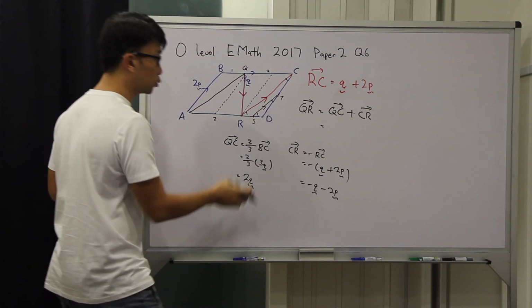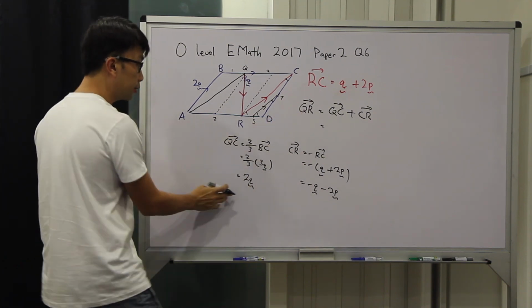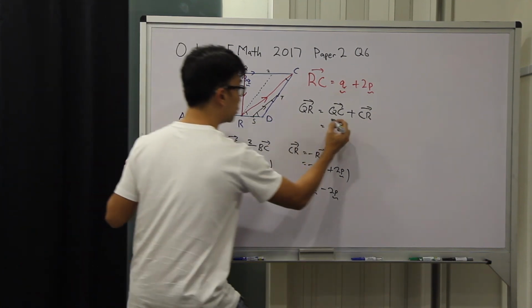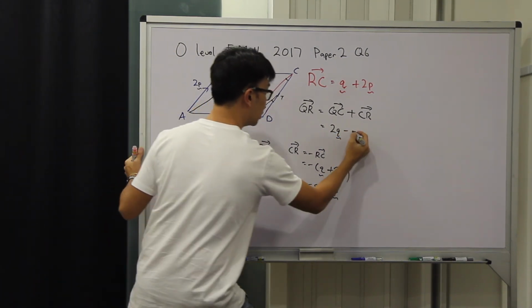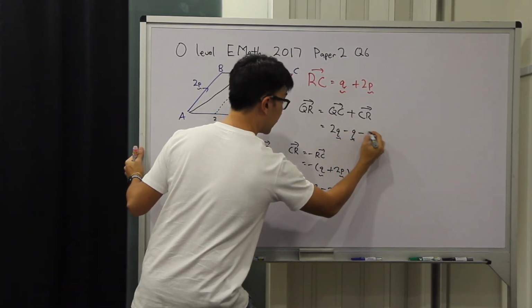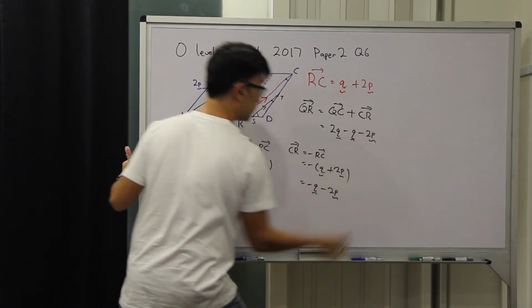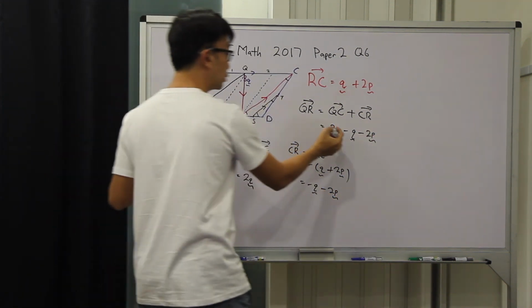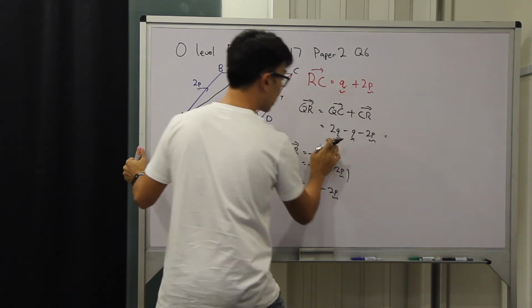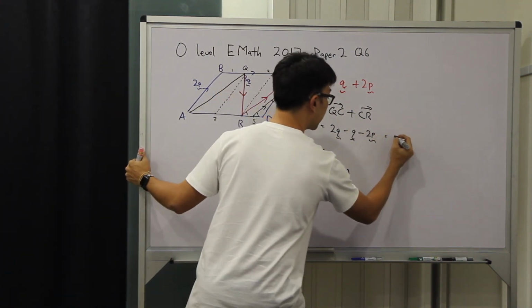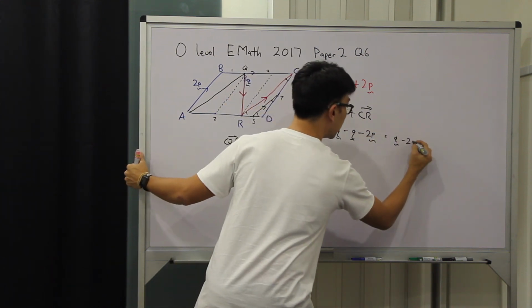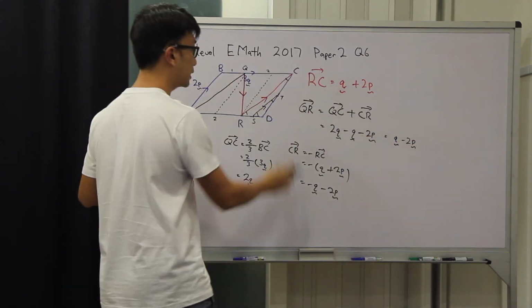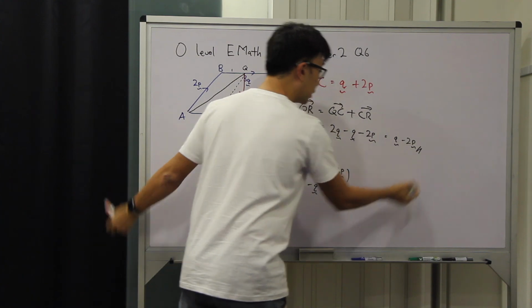Okay, now we are ready to input into QR. QR will be equal to QC, which is 2Q, minus Q minus 2P. So 2Q minus Q will give us 1Q minus 2P. Alright, so this will be the answer for QR.